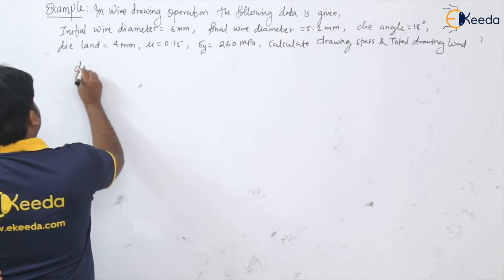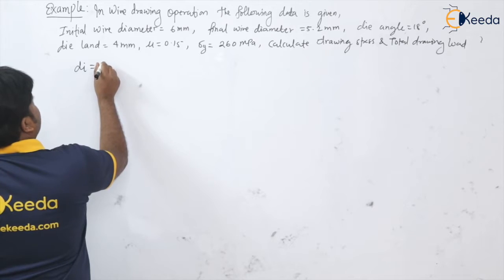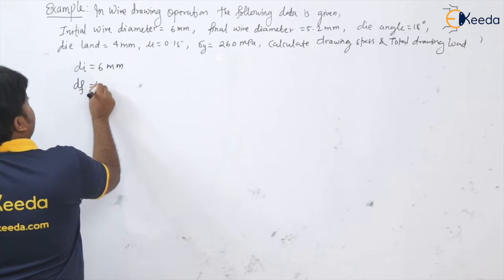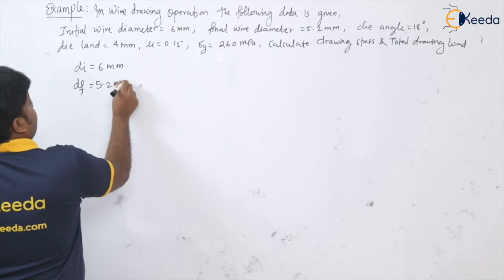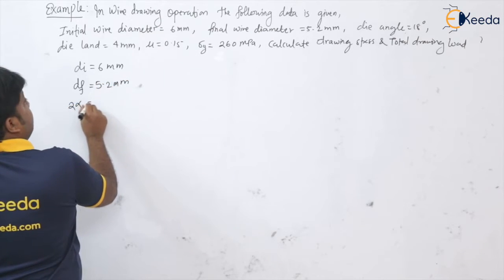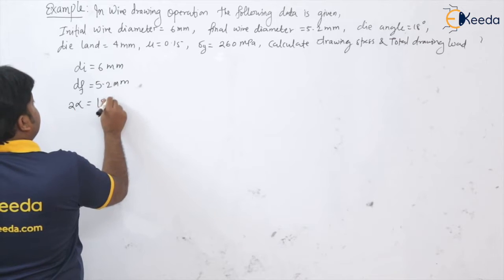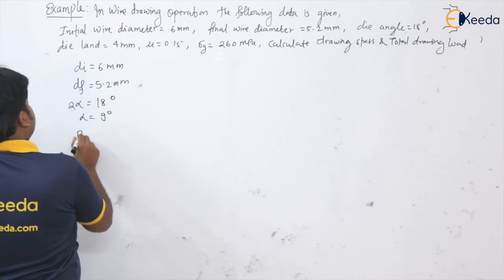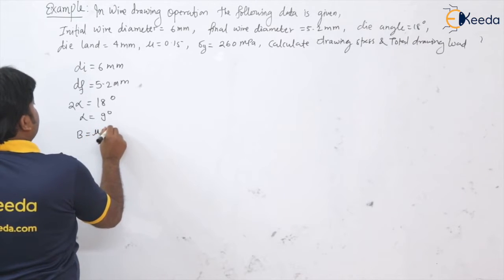D initial is 6 millimeter, D final is 5.2 millimeter, the 2 alpha value is the die angle 18 degrees, so alpha is 9 degrees. Then capital B value is mu cot alpha.